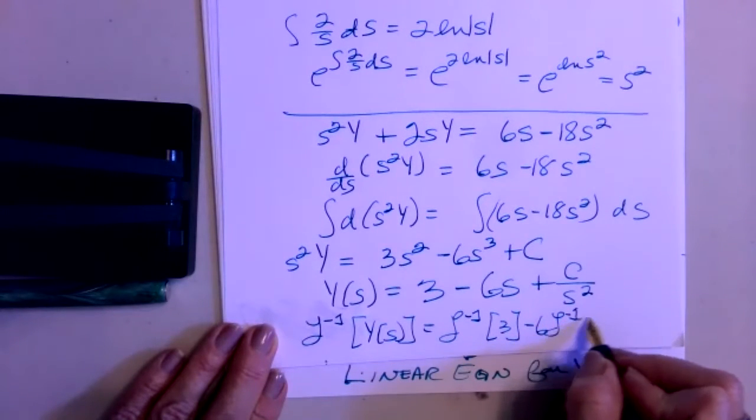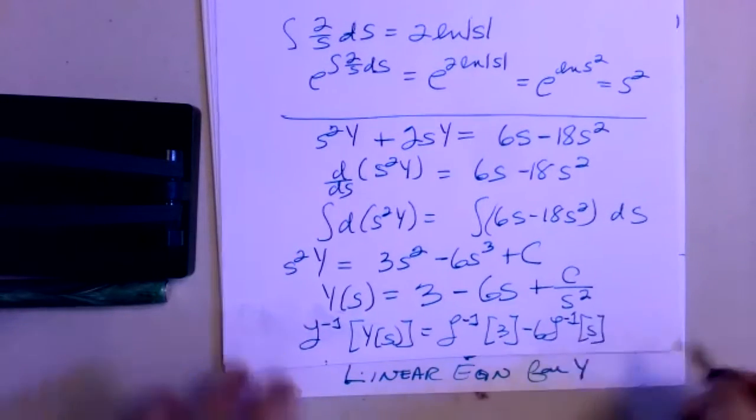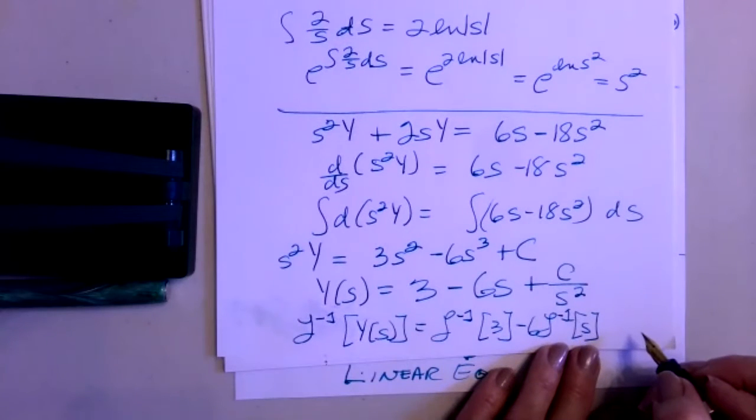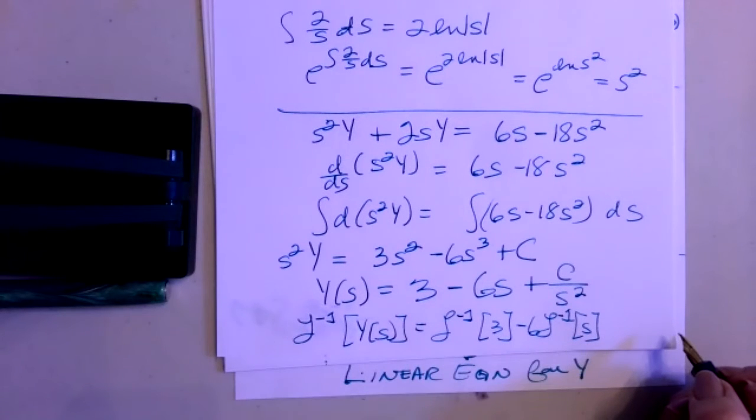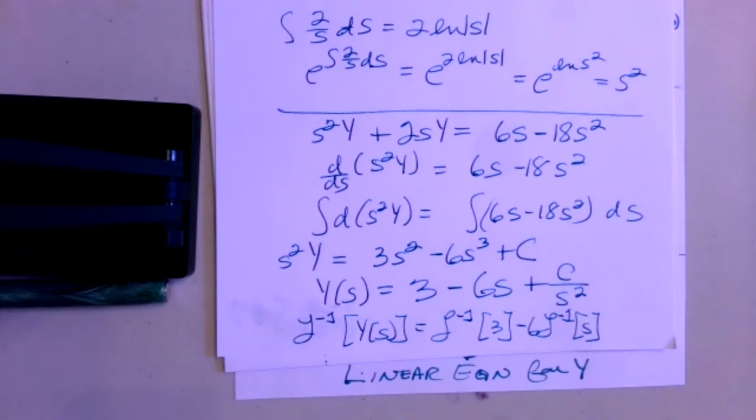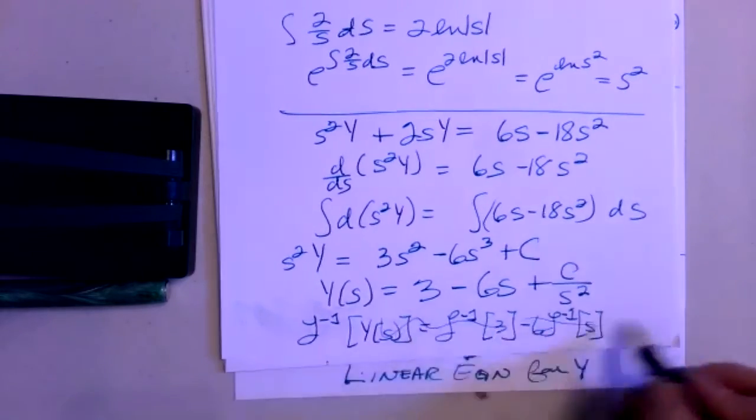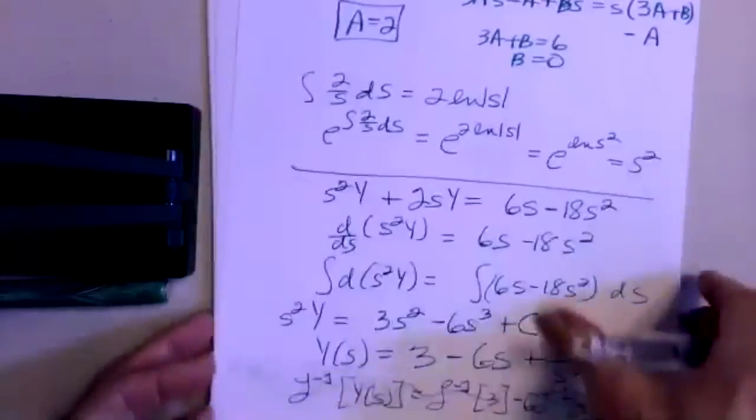So the inverse Laplace transform is linear. So that means we have to invert 3 terms. I'm sorry, let's see, we have a plus C. And to deal with that plus C, we have to use the initial condition. So I'm not quite ready to do this yet.